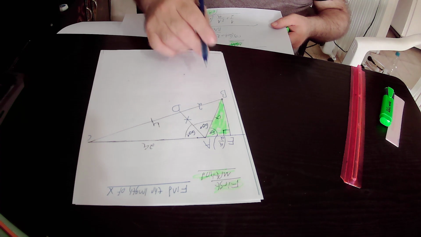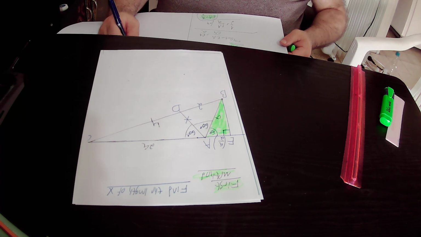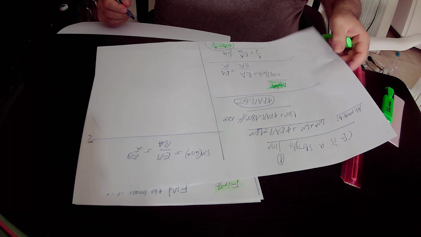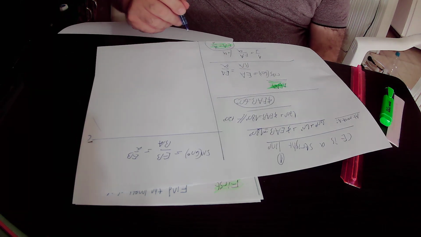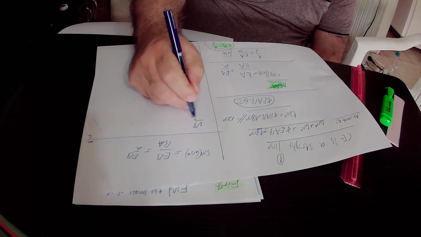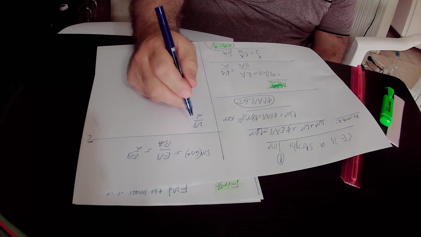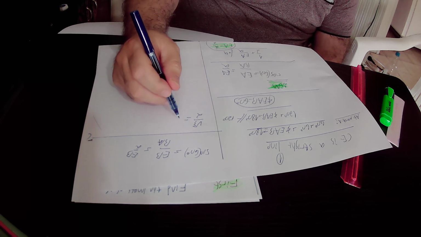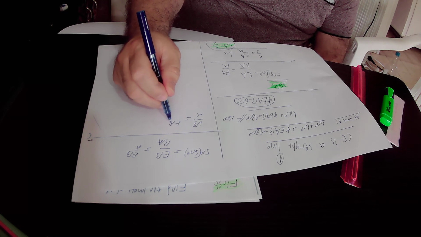BA equals A, so we substitute BA by A. So sine 60 degrees equals EB over A. We know that sine 60 degrees equals square root of 3 over 2. So we substitute, and we get that square root of 3 over 2 equals EB over A.